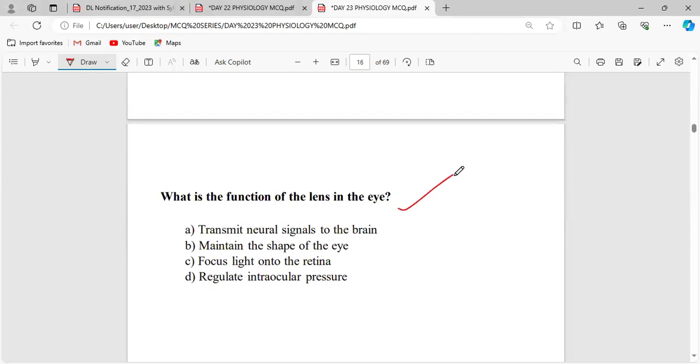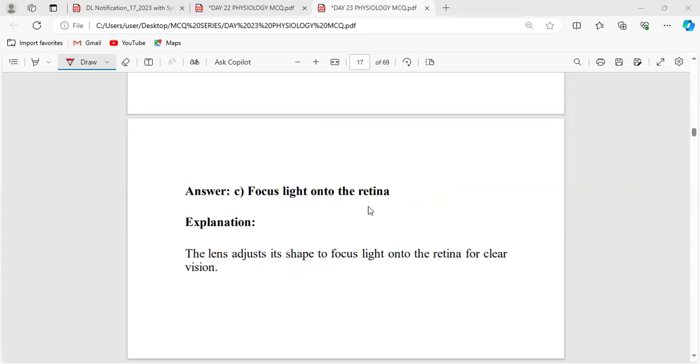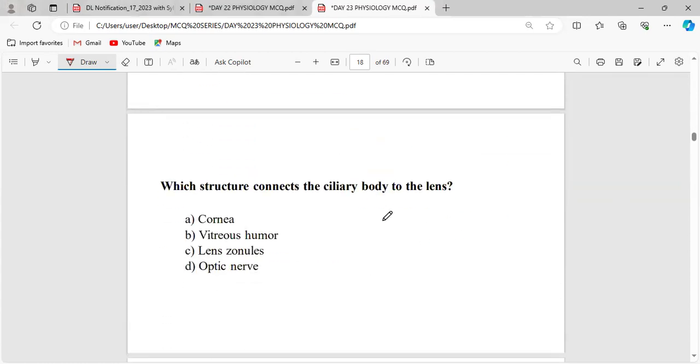What is the function of the lens in the eye? It has to focus light onto the retina. That is the main function of the lens. Which structure connects the ciliary body to the lens?